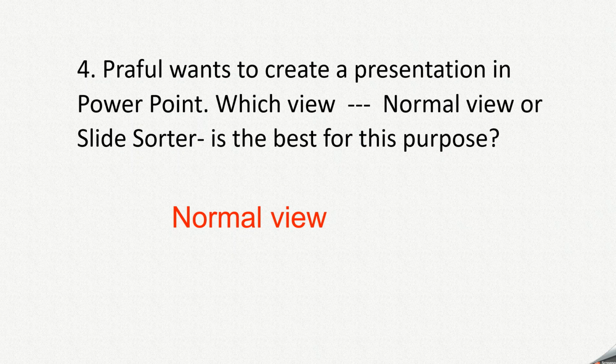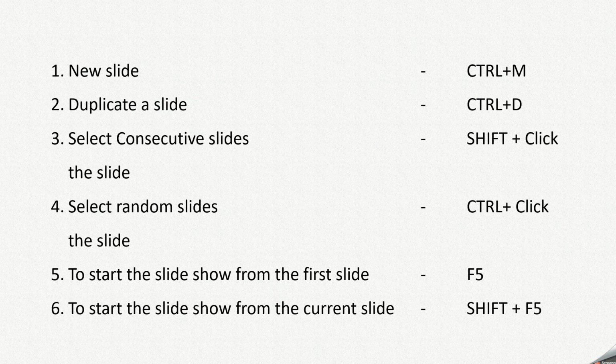Okay, and let's see a few shortcut keys in the PowerPoint chapter. These are all the shortcut keys which we commonly use for PowerPoint. The first one, to create a new slide. If I want to create a new slide, I use the shortcut key Control plus M. Very good.